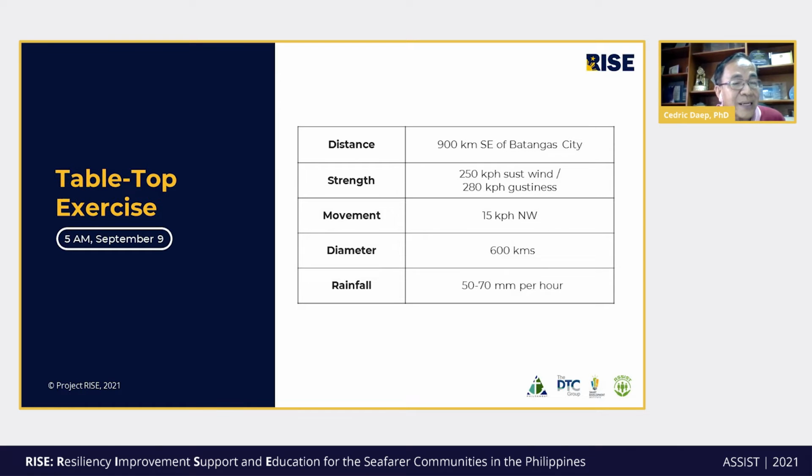And according to Pag-asa, the typhoon is about to enter the Philippine area of responsibility in 2 to 3 hours, depending on the speed. If the typhoon is going to maintain its speed at 10 kilometers per hour, it will enter PAR by about 2 o'clock in the afternoon.